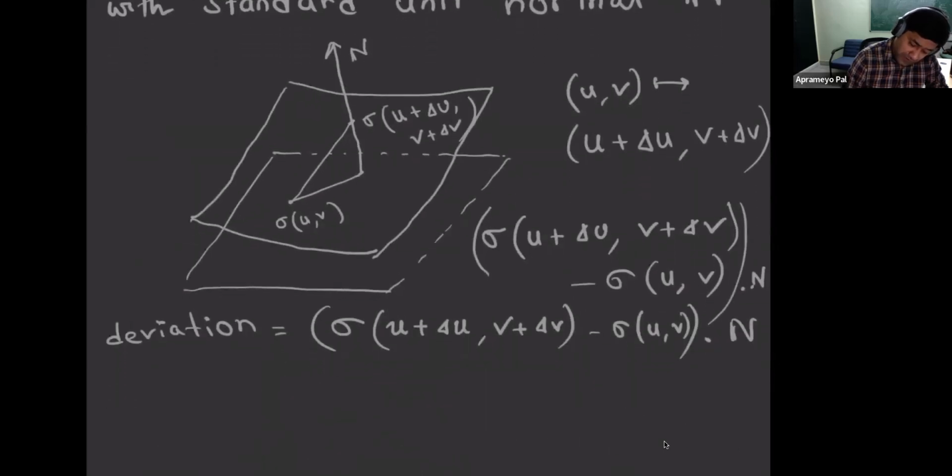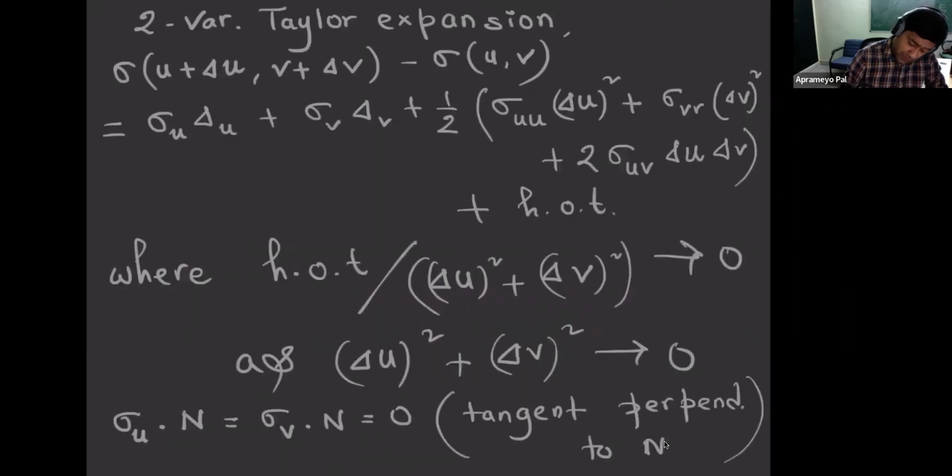The deviation was this difference, what we are expanding in terms of Taylor series, dot with n. And now we already have an expression of this. And this term will vanish just because of the perpendicular property of the tangents to the unit normal. It's just by choice.